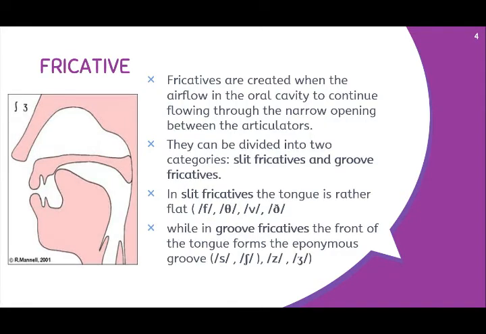The next type is fricatives. Fricatives are created when the airflow in the oral cavity continues flowing through the narrow opening between the articulators. Nah, kalau tadi pada stops itu airflow-nya benar-benar berhenti kan ya. Tapi kalau di dalam fricatives ini masih mengalir tapi melalui celah-celah yang sempit between the articulators.